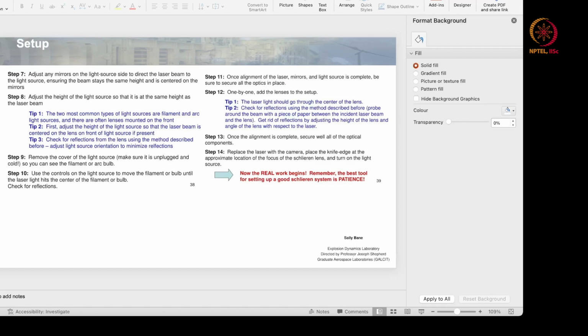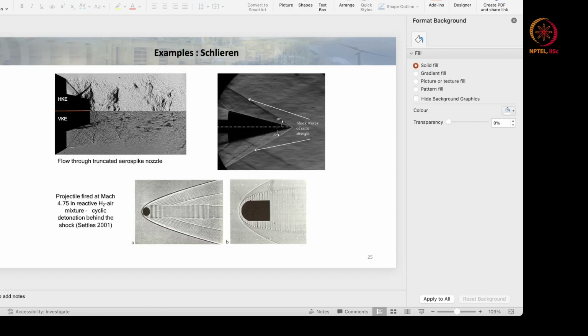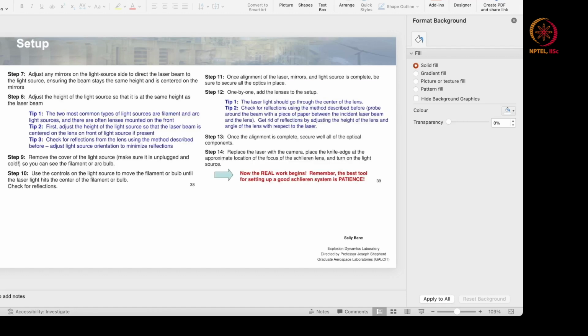It requires very careful alignment, because without alignment things are not going to work, and it is very sensitive. So you have to have a lot of patience, and only then can you record images like this, which show structures of different length scales. So we end this lecture here.